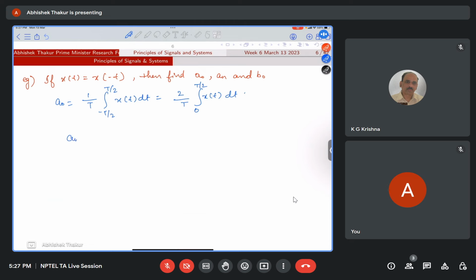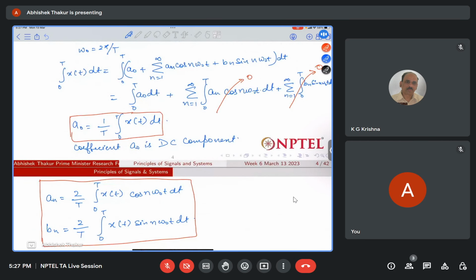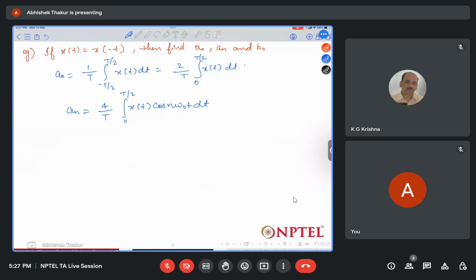And our an is also equal to, instead of 2 by T, 4 by T, and the integration will be 0 to T by 2 of x(t) cos(n omega naught t) dt. And bn will be 0, because the integration of a sinusoidal signal from minus T by 2 to T by 2 will lead to 0. So bn is equal to 0.